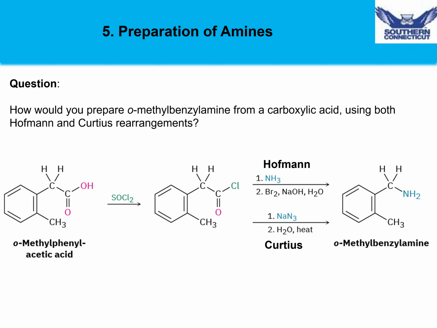In order to do the Hofmann or Curtius rearrangement, we want to take this carboxylic acid and convert it into an acid chloride first, which will allow us to make the precursors of both reactions. Adding ammonia to an acid chloride would give us a primary amide.